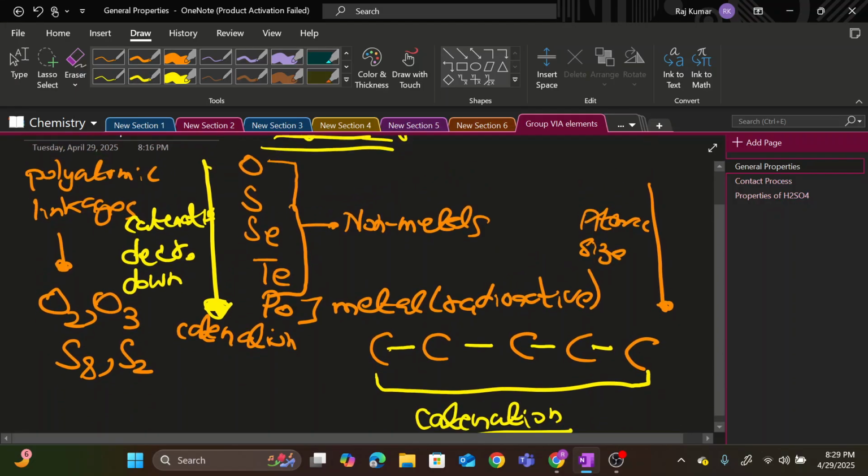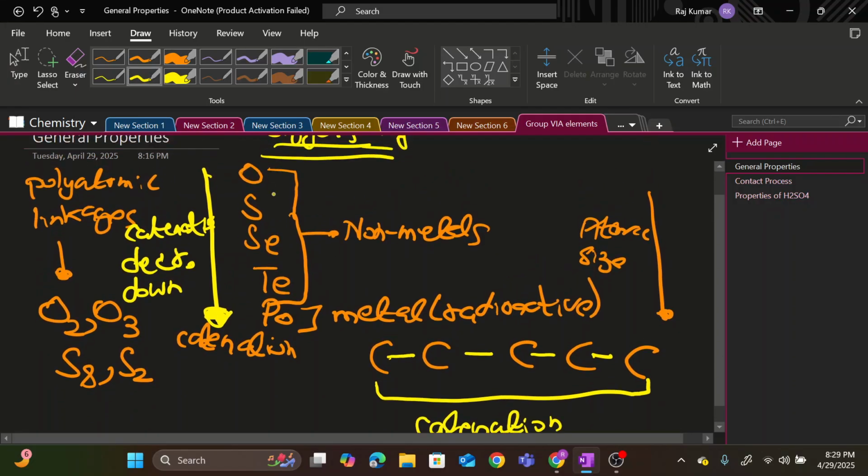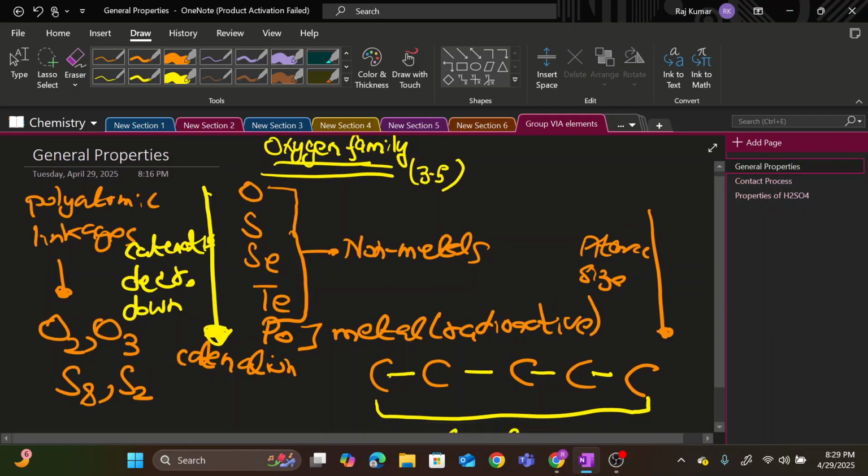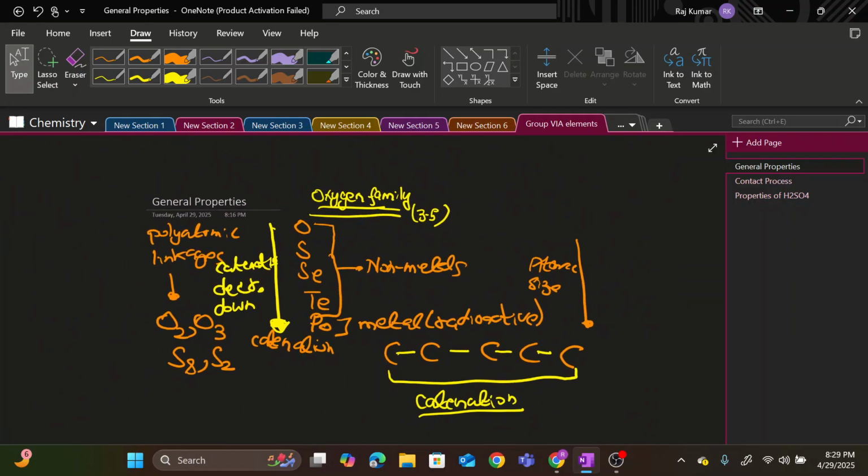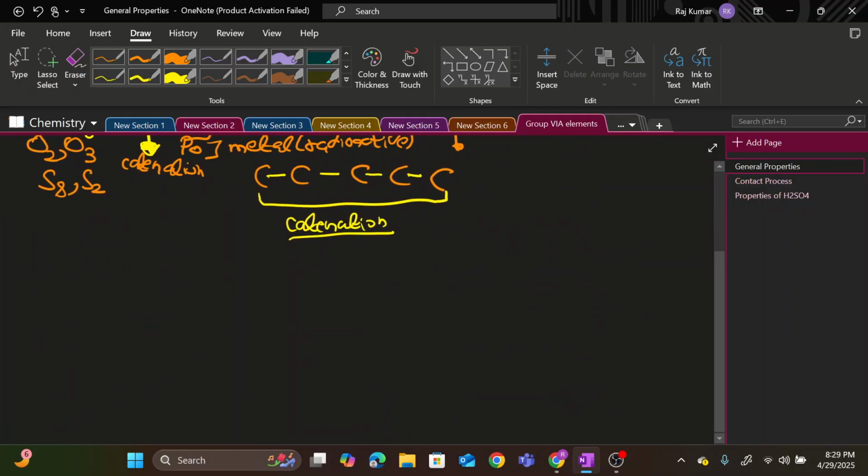Another important thing is electronegativity. Electronegativity also decreases downwards, and oxygen is the second most electronegative atom in the entire periodic table after fluorine. Its electronegativity is 3.5. These are certain general properties of the oxygen family, or the group 6A elements.